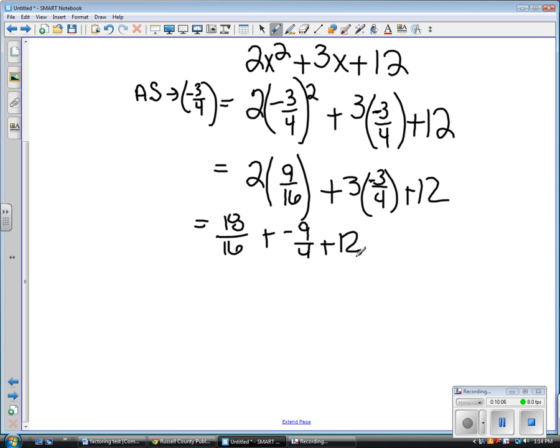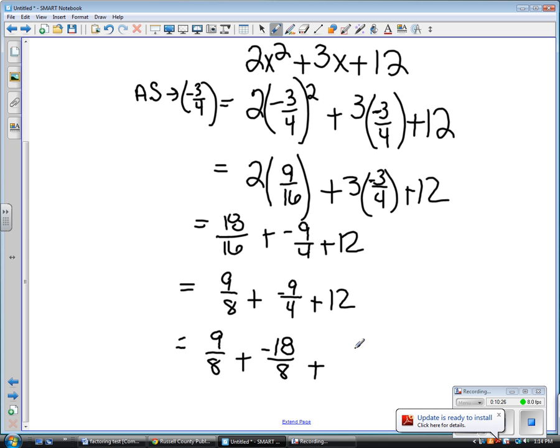Okay? Need to get a common denominator, which we're going to say is 16. Actually, let's reduce this. This will reduce down to 9/8. That way I don't have to go quite as high. Get a common denominator. So this is going to look like negative 18/8 plus 96/8.